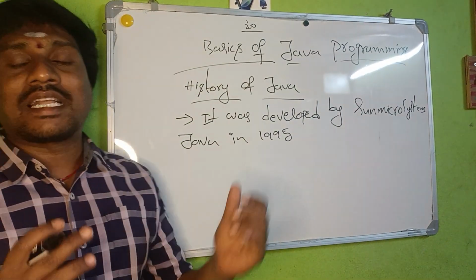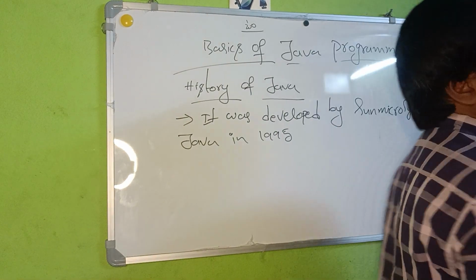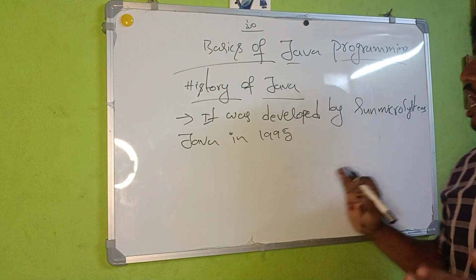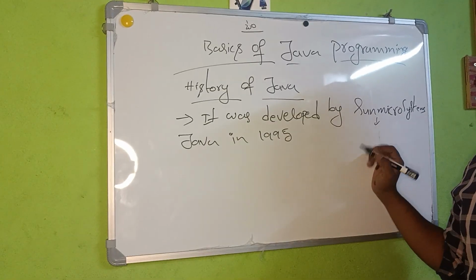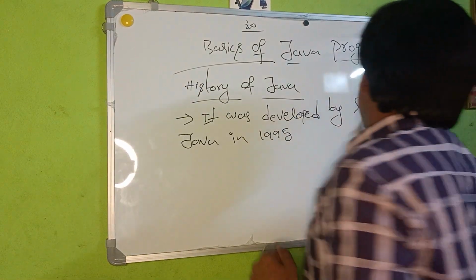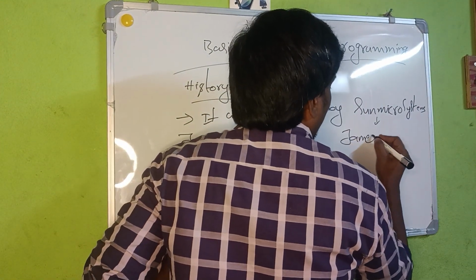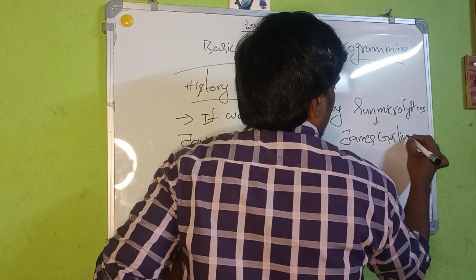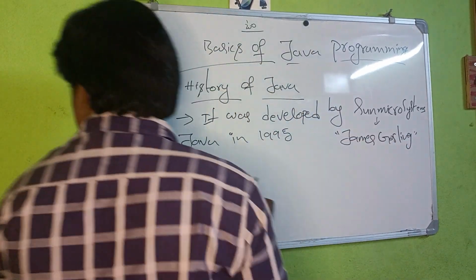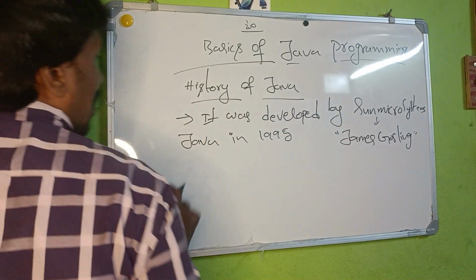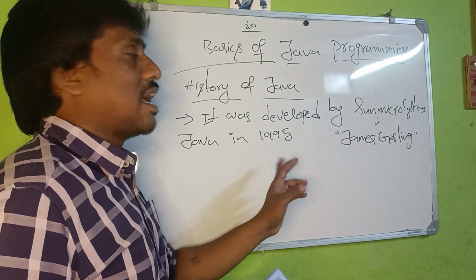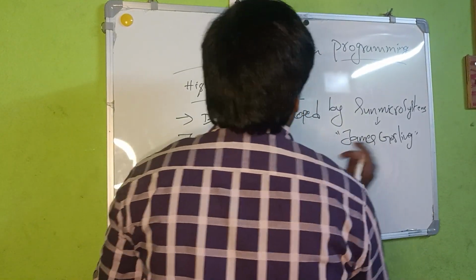Like C was developed in AT&T Labs, our Java was also developed in Sun Microsystems, by whom I think you are all aware of, that is James Gosling. Java was developed by Sun Microsystems in the year 1995 by James Gosling.